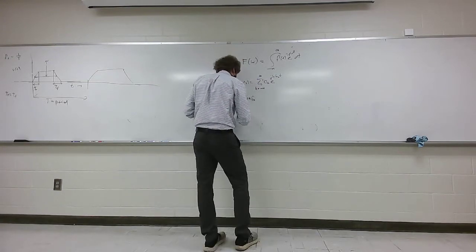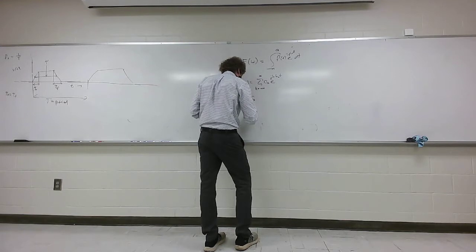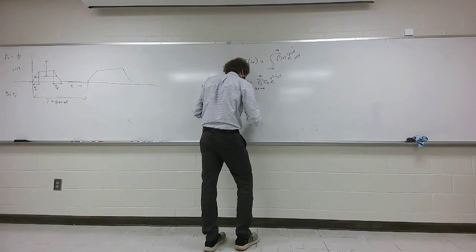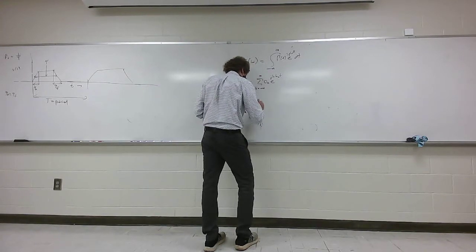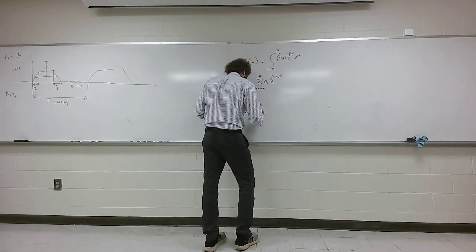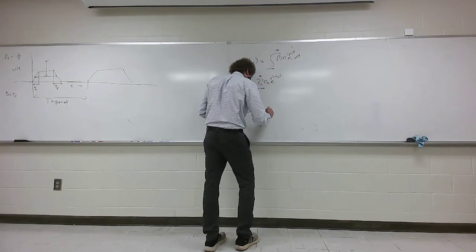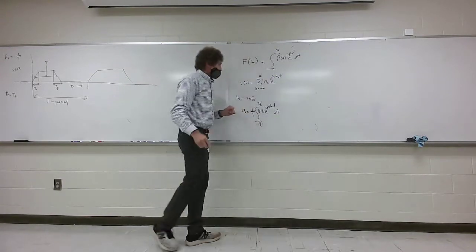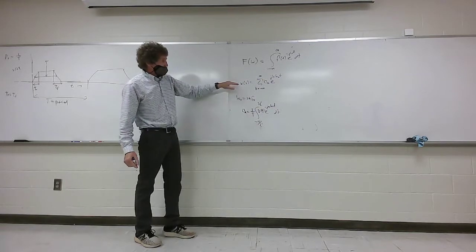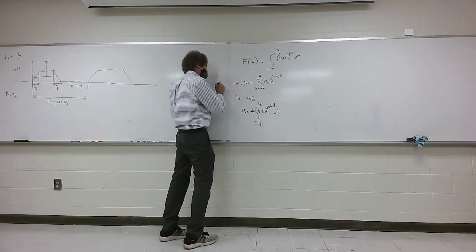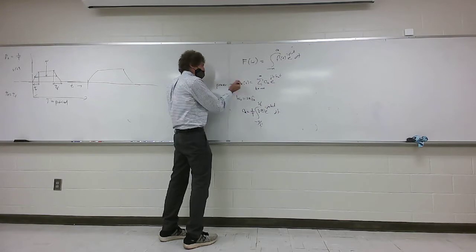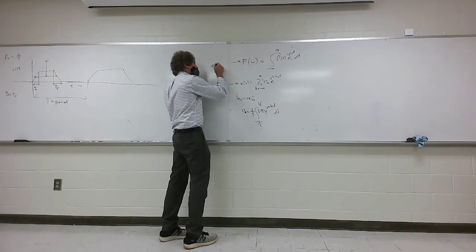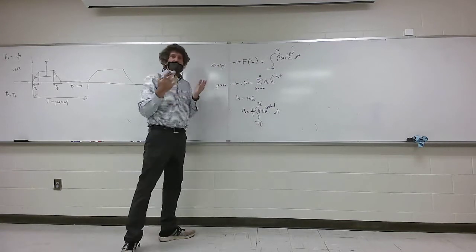To calculate c of n, it would be 1 over the period, an integral from minus T over 2 to T over 2 of v of t times e to the minus j n omega naught t dt. Now this is for a power signal, and the Fourier transform is for an energy signal, right? Because it's got a finite duration.